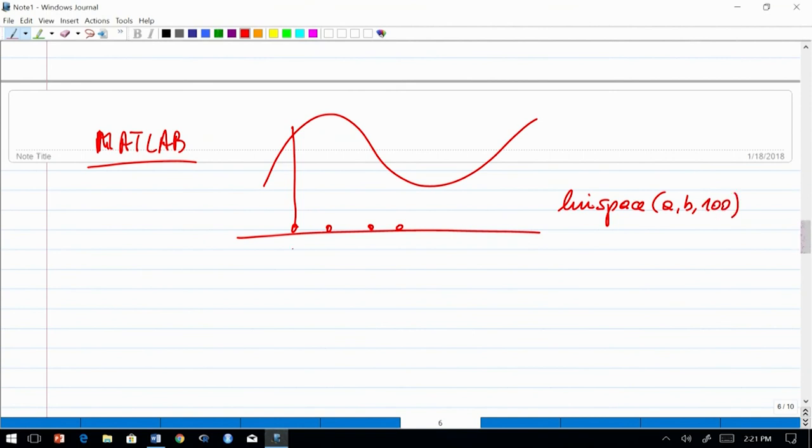So this is my position x1, x2, starting with A and ending with B, and then we have the values, where the polynomial is evaluated at these points, and then the command is plot at these points the values.